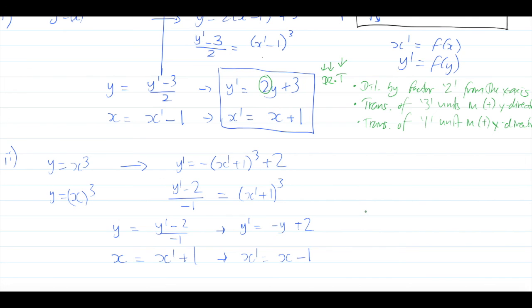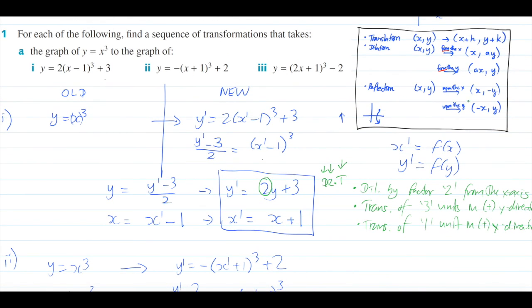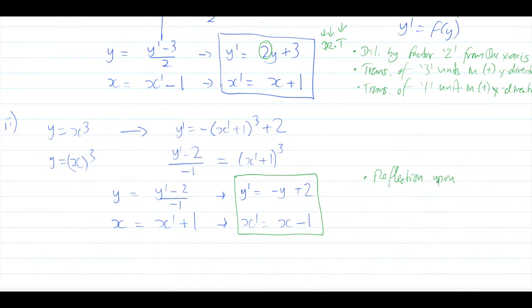And listing out the transformation, well, we look at these over here. What happened to your old y? Well, there is a reflection. And again, if you are changing your y value, then you are reflecting upon the x-axis, okay? So back to our cheat sheet, if you are changing your y value over here, then you're reflecting upon the x, okay? So dilation and reflection work in the same way. Reflection upon the x-axis.